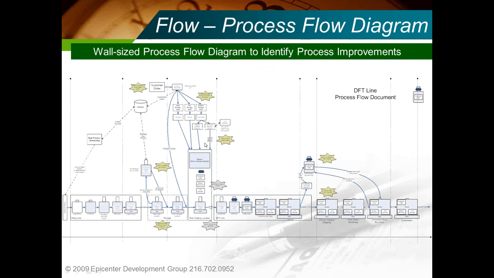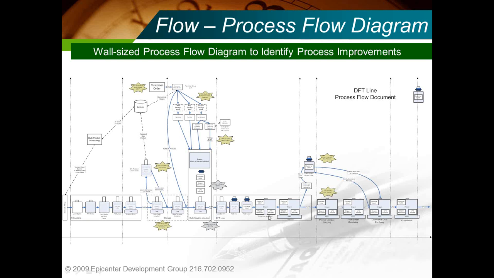This is an example for Gojo. They were introducing a new process, so we created a wall-size map that looked just like this, and we broke it up into time segments. You can see these little lines represent time segments, and we actually showed a picture of how the product's being built up over time. It starts with the bottle gets filled, and we start adding certain things to it.